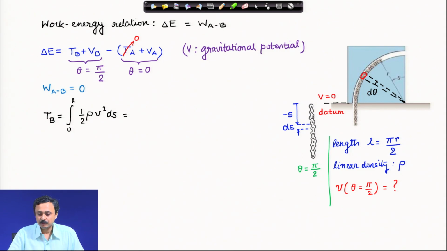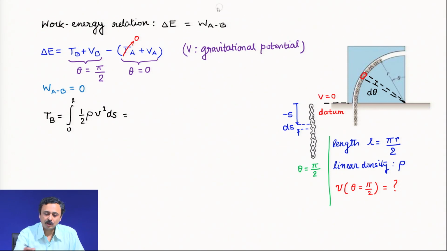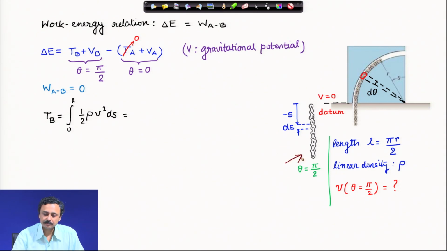At B, which is this vertical configuration which I have drawn here, the kinetic energy is, imagine you have a short length of this chain represented by ds.